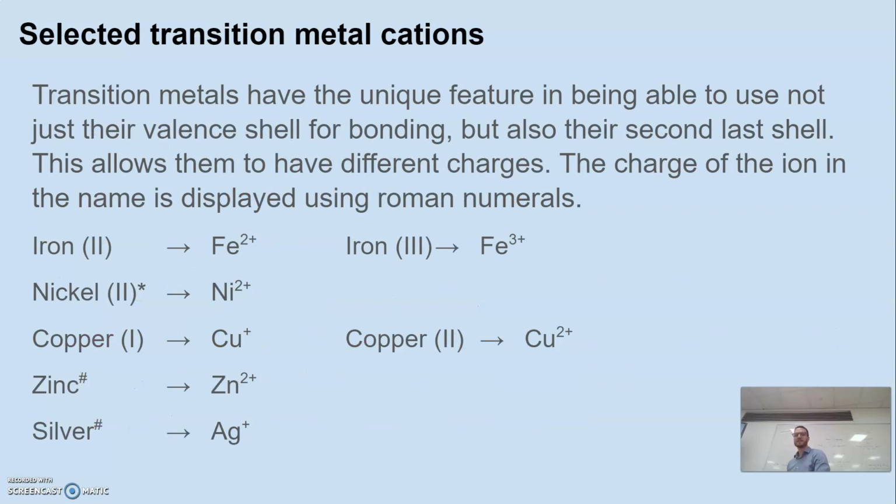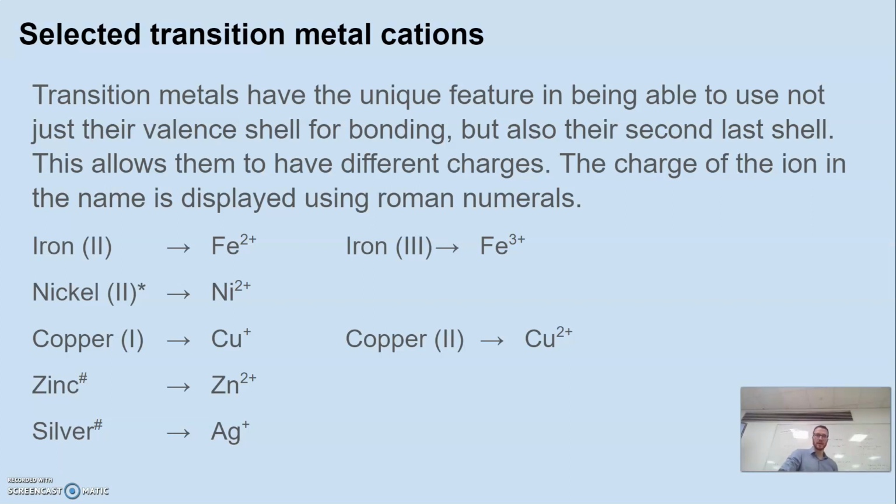We've got selected transition metal cations. What I want you to notice is with transition metals we need to state what charge it will be, right? Because they can have varying states. Right? They don't just use their outer shell, they can actually use the second to last shell for bonding.